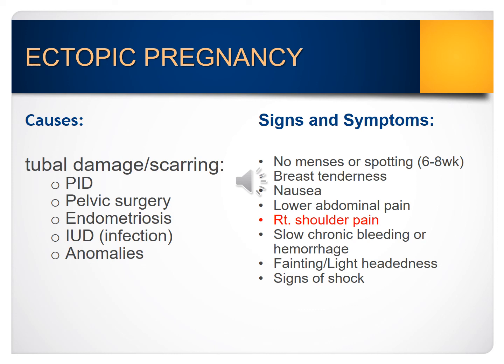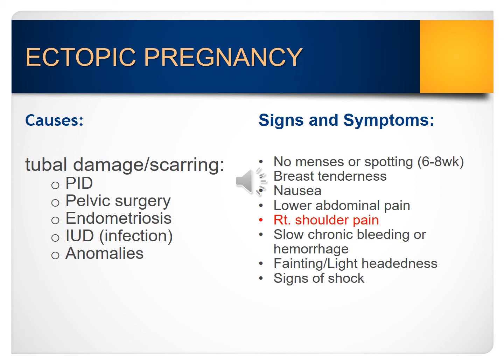And so again, ectopic pregnancy is the implantation of a fertilized egg outside of the endometrial cavity. And this occurs about 1 in every 50 pregnancies. And the most common site for this abnormal implantation is in the fallopian tubes.